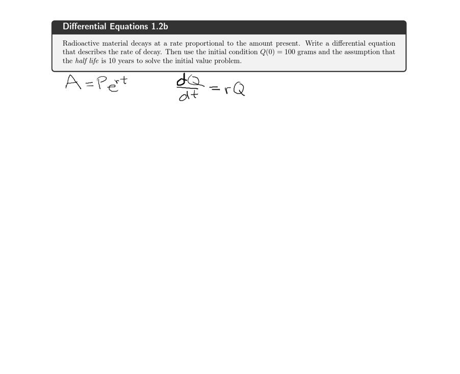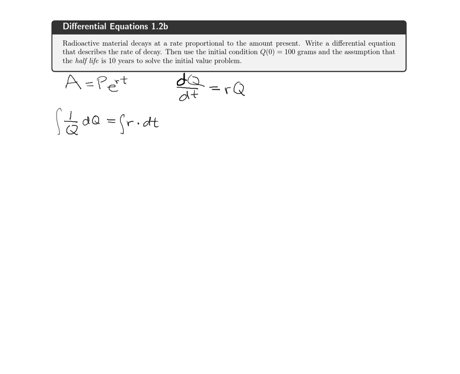All right, so we separate the variables. So get all the q's on one side, so we divide by q, 1 over q dq equals r times dt. Get our variables on opposite sides. Now we're ready to integrate both sides of the equation.